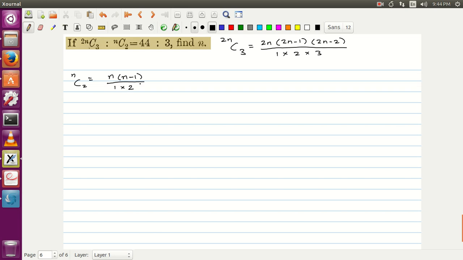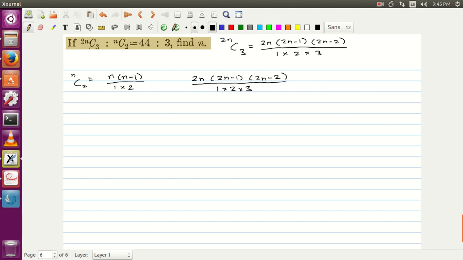And now we already know this ratio. So let us find what this ratio is. This ratio should be equal to 2n minus 1, 2n minus 2, 1 times 2 times 3. Now this is a ratio, right?